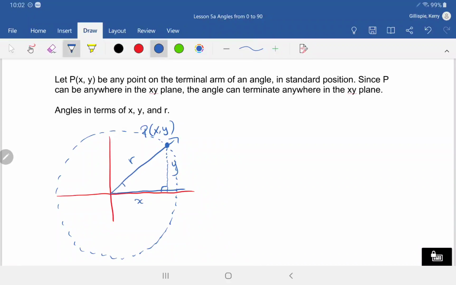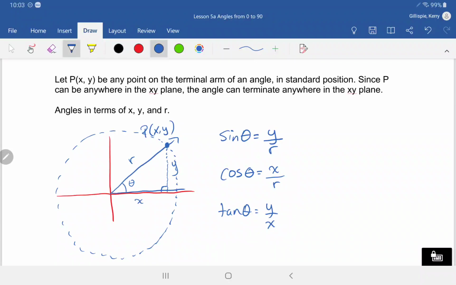So if we are doing sine, cos, and tan in terms of x, y, and r, we can say that sine theta is opposite over hypotenuse, so y over r. Cos theta is adjacent over hypotenuse, so x over r. And tan theta is opposite over adjacent, so y over x.